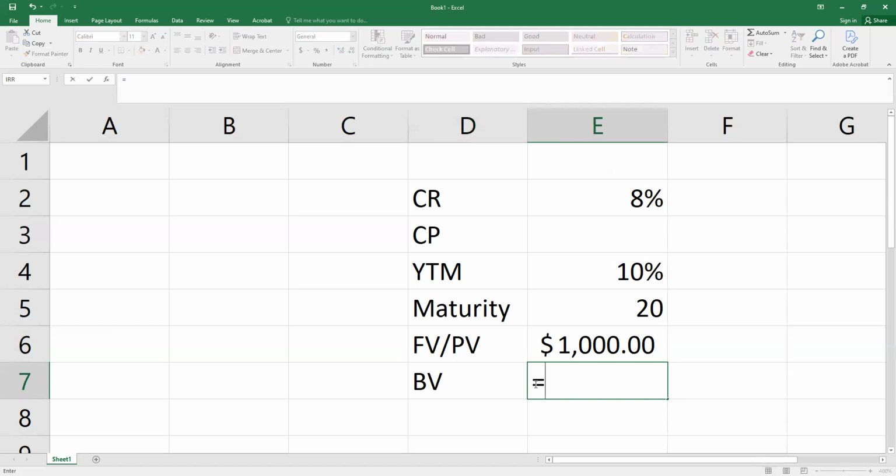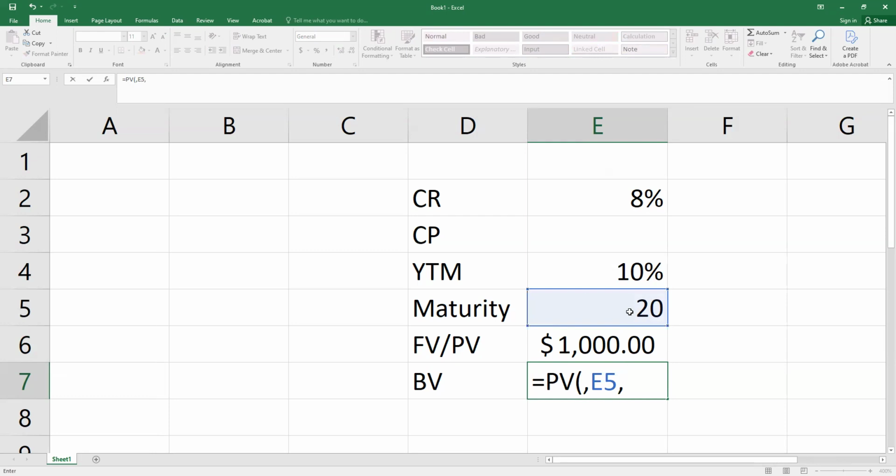So again, we estimate using the PV, present value. Open the bracket. I use here the rate of 10%. I'm not going to use the coupon rate in here. It's the YTM, okay? 10%. Number of periods is 20 years.